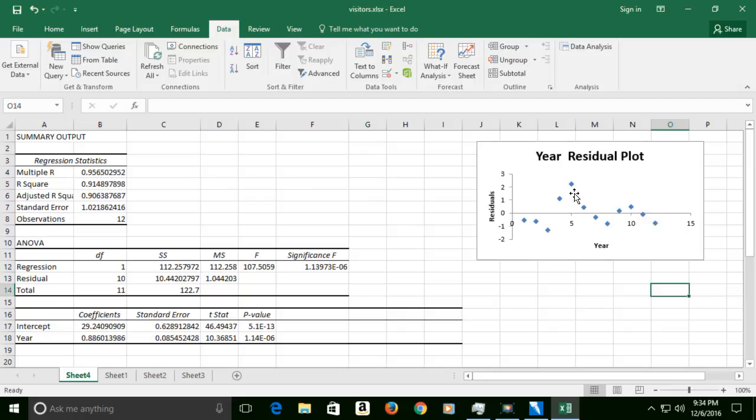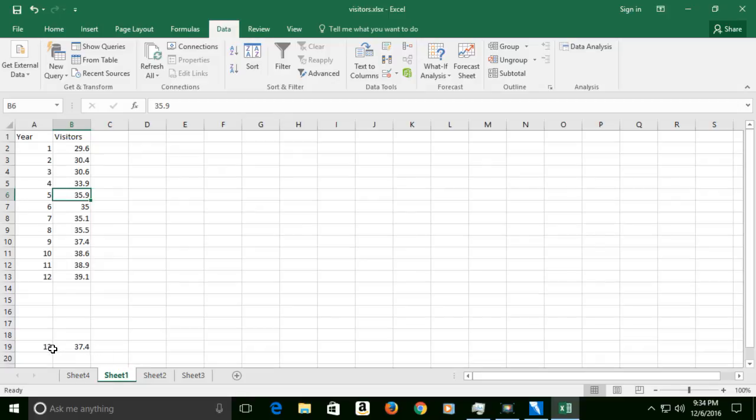But we don't know what's messing with our errors. So this R-squared says we could do a good job of explaining the number of visitors every year, but this pattern in the errors says we're not doing a good job because we're missing it. Okay? So one last thing to do.